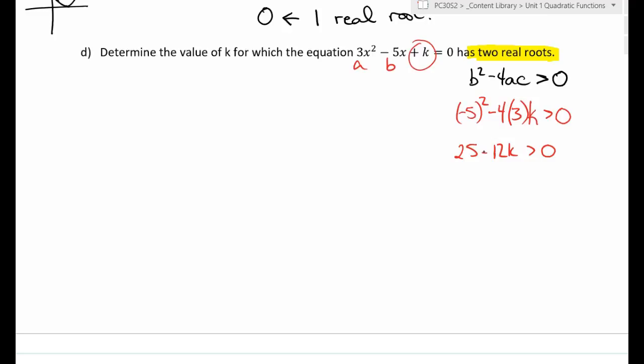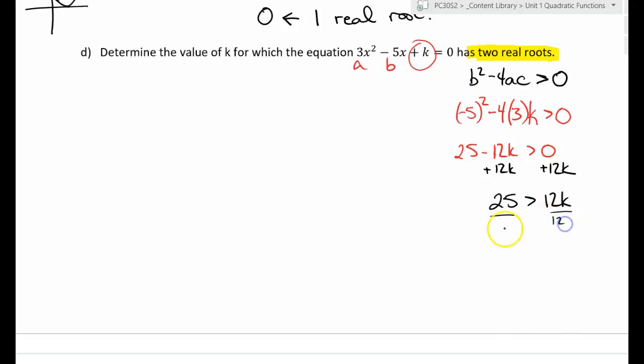The reason that I'm doing this instead of moving the 25, I'll make apparent once we've done the math. I'm going to add 12k to both sides. And so that leaves me with 25 is greater than 12k.